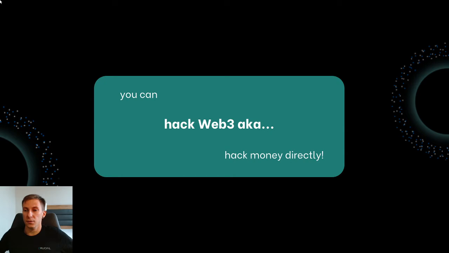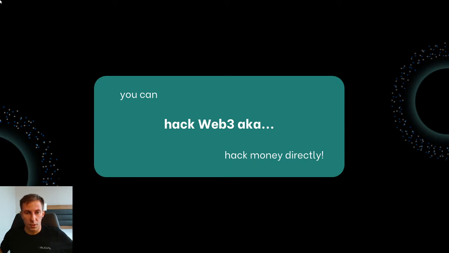From an attacker's perspective, this is super convenient. Once the funds are taken, this cannot be chargebacked or refunded or whatever. It's gone and that's it.